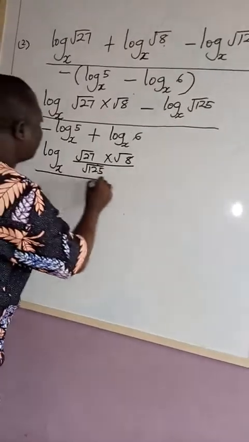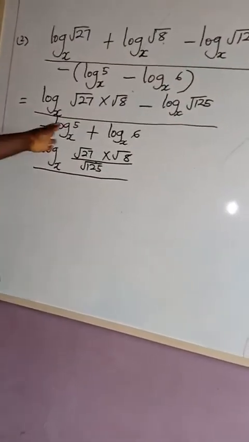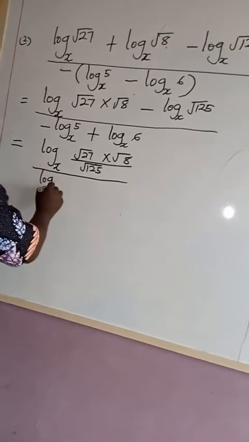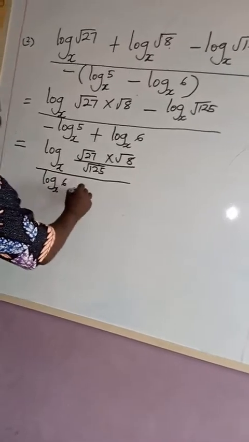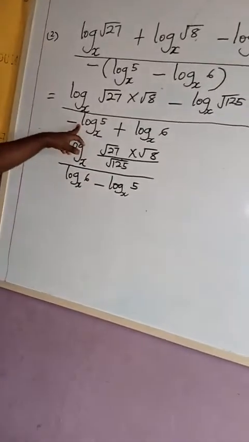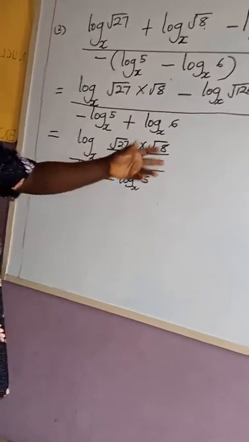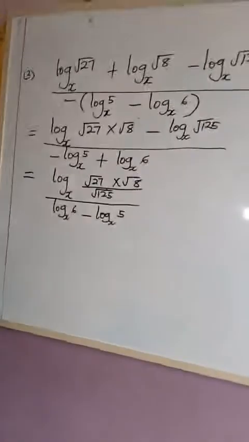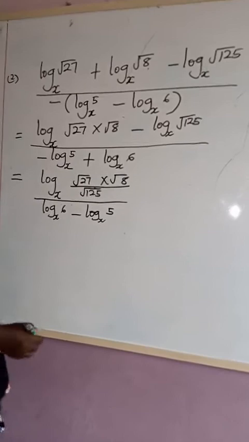Then all over, here we can rewrite this as logarithm of 6 in base x minus logarithm of 5 in base x. So this is still the same thing as what we have here, just like when we have minus 2 plus 3, we can say it is 3 minus 2. Now let's proceed.